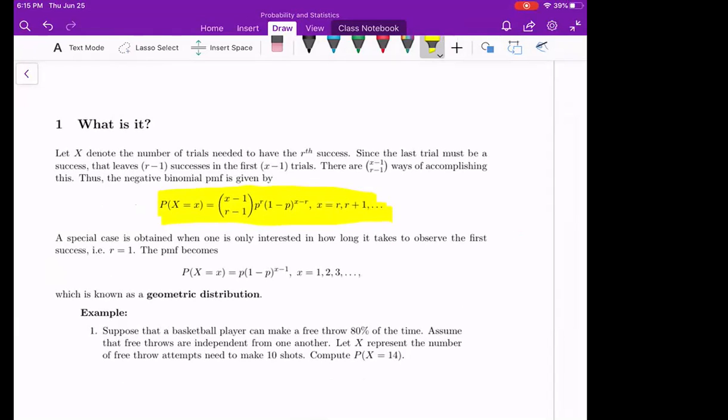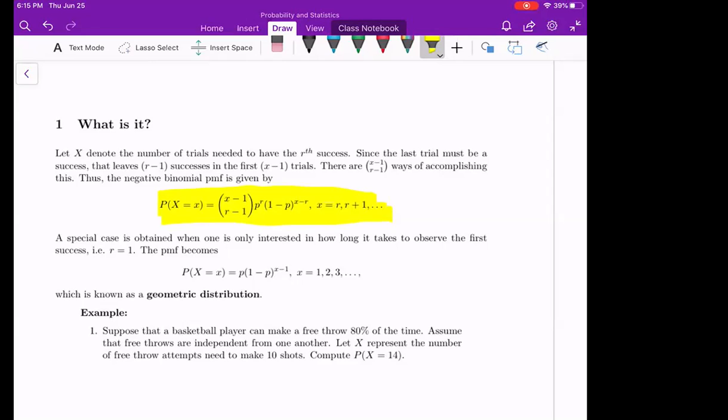But notice that whereas the binomial goes from 0 to n for x, the negative binomial goes from r upwards. And the reason for that is to understand when you use this distribution.